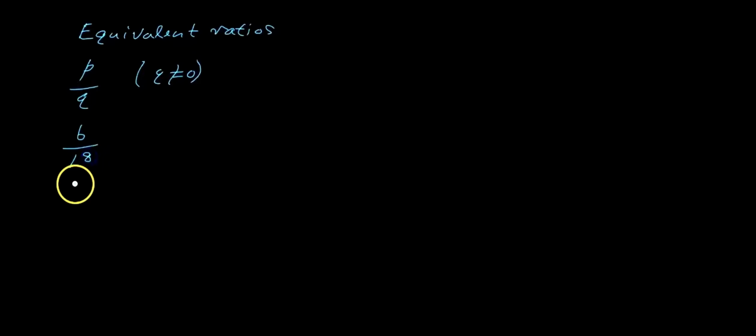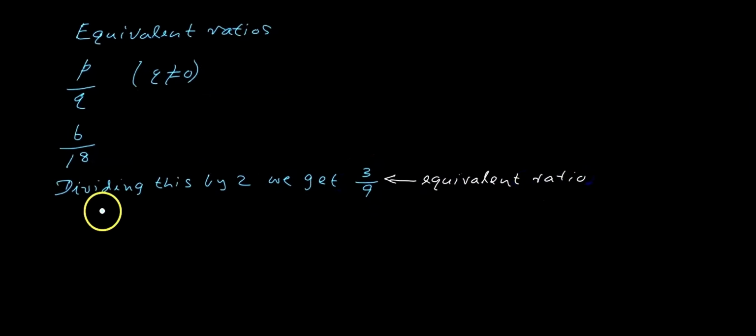For example, consider a ratio 6:18. Dividing the numerator and denominator of this ratio by 2, we get 3/9. This is an equivalent ratio.